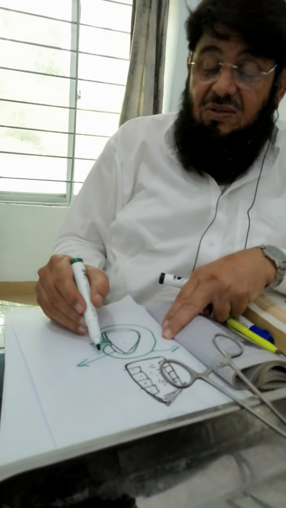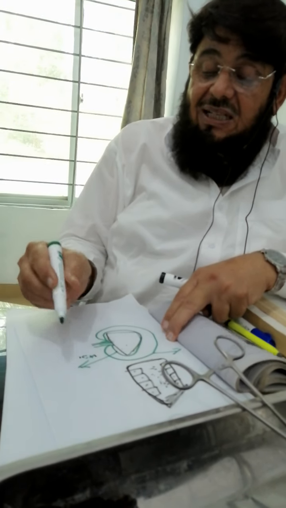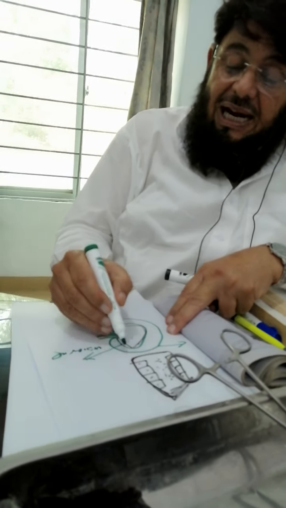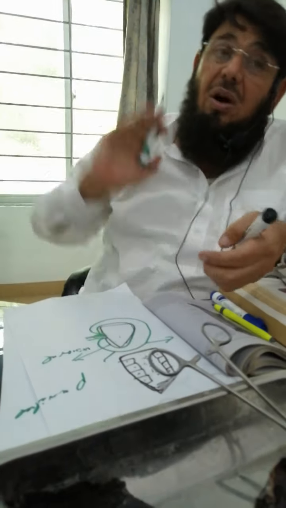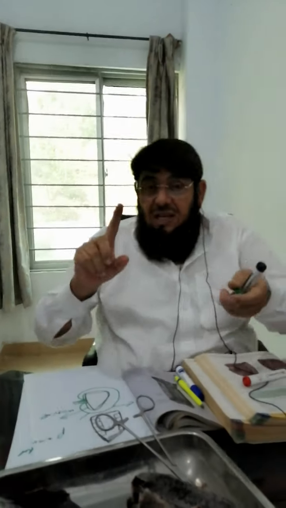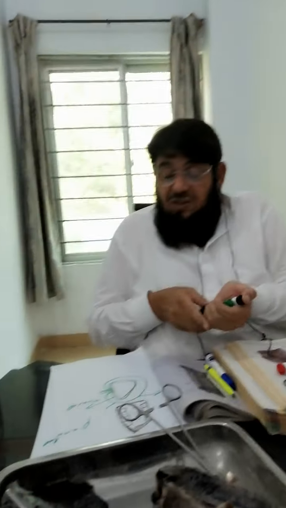So this is called the visceral pleura, that is in contact with the lung tissue, and that is called the parietal pleura, which is in contact with the thoracic wall. Okay, this is one concept of the visceral and parietal pleura.